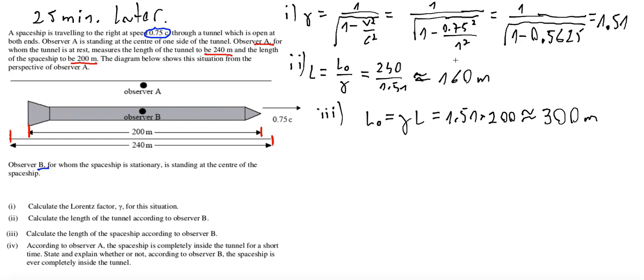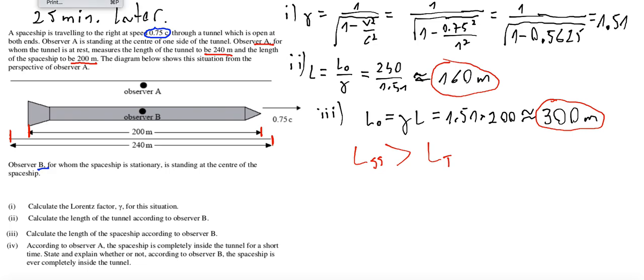Here we have the length of the tunnel according to observer B, and here we have the length of the spaceship according to observer B. So let's look. For B, the length of the spaceship is bigger than the length of the tunnel. So what is the conclusion? No, because the spaceship is longer than the length of the tunnel. Okay, and this is the answer for exercise number 1b4. I hope you have the same result.